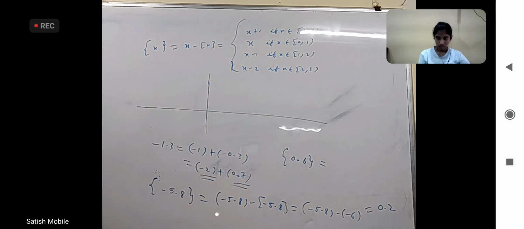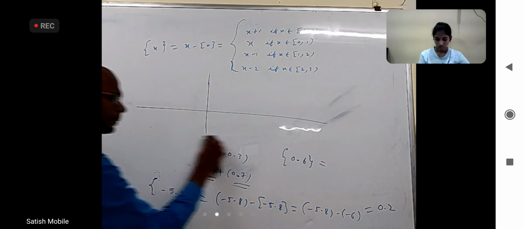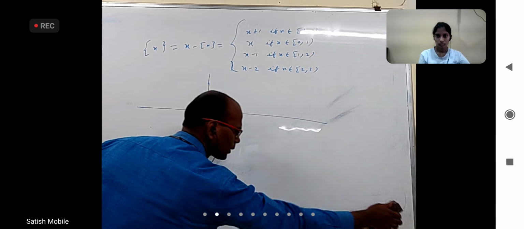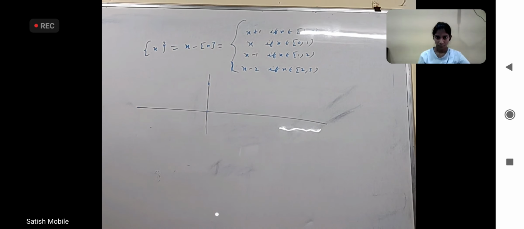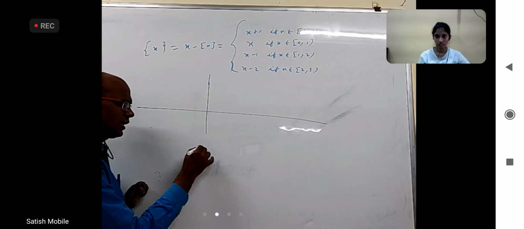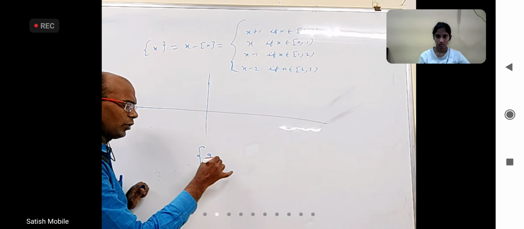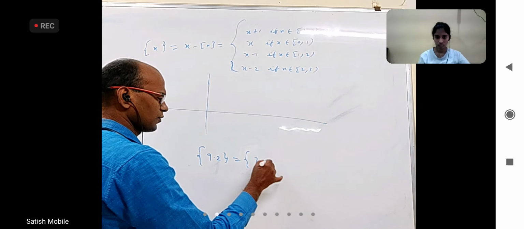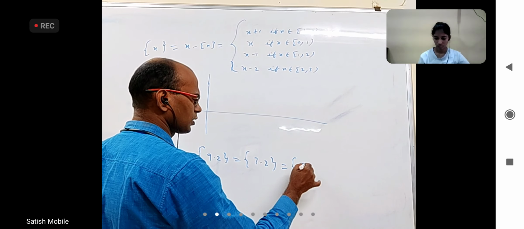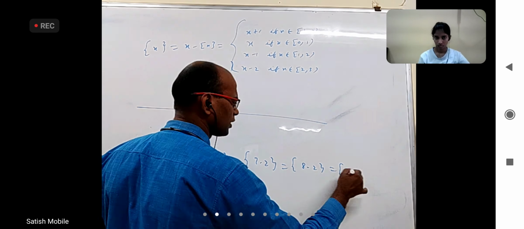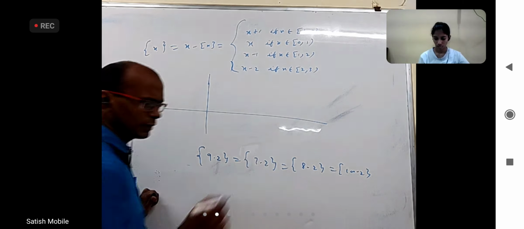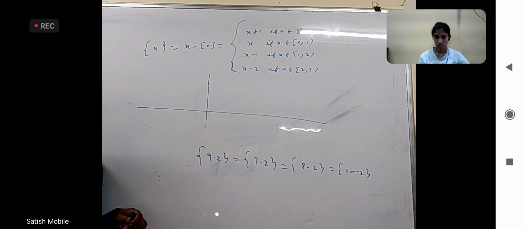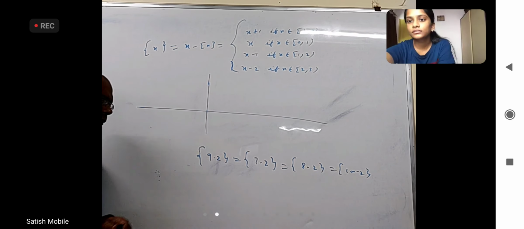Another interesting thing. If I take fractional part of 9.2 or fractional part of 7.2 or fractional part of 8.2 or fractional part of 100.2, all are the same, right? All are 0.2.